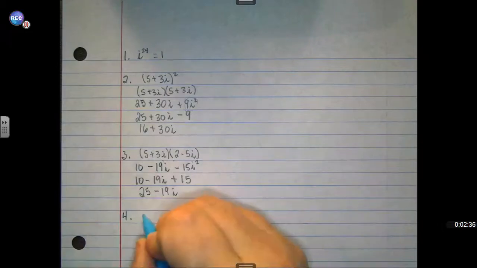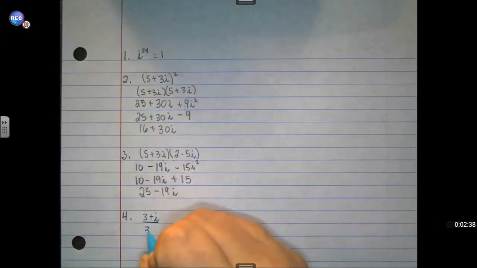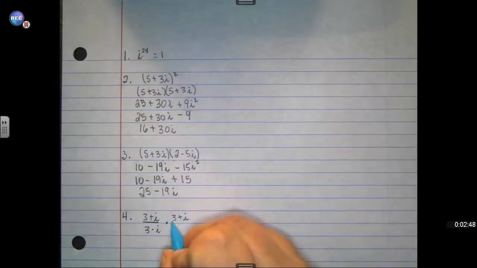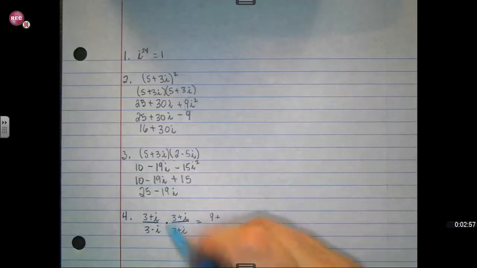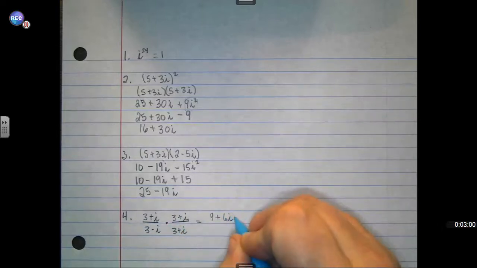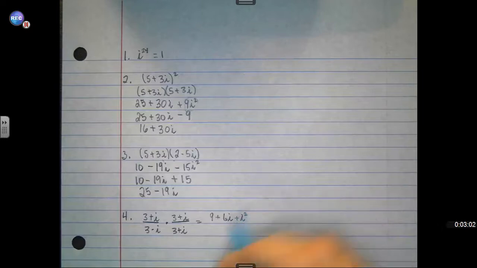Right along, number 4, 3 plus i over 3 minus i. So we have to rationalize the denominator, and we multiply by the conjugate to do that: 3 plus i over 3 plus i. In the numerator, I get 9 plus 3i plus 3i would be plus 6i, and then plus i squared, over 9 plus 3i minus 3i.